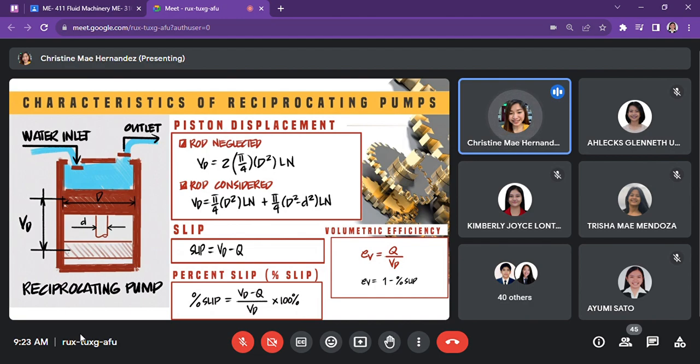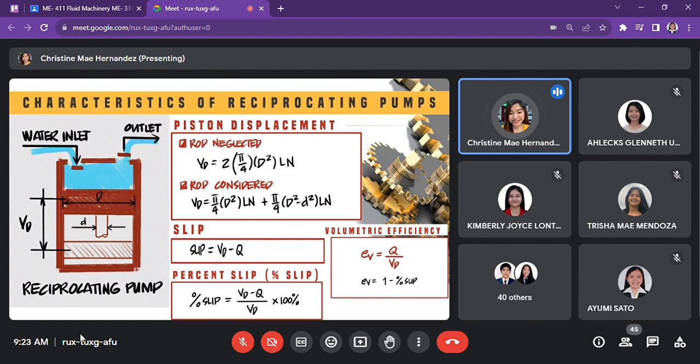Meron din tayong volumetric efficiency is equal to Q or the volumetric flow rate over the piston displacement. Or pwede natin, pag given ang percent slip, ima-minus lang natin siya sa 1 para makuha natin yung volumetric efficiency.